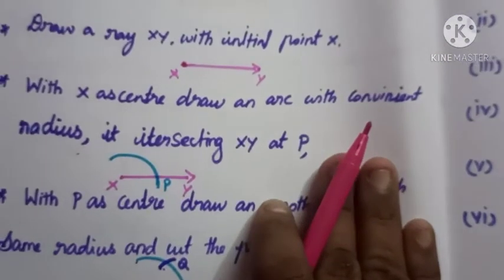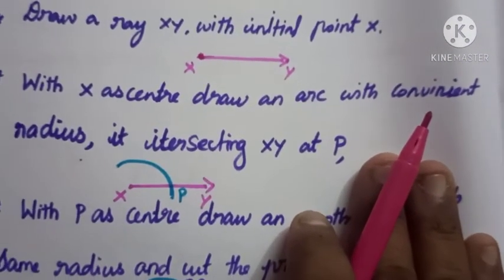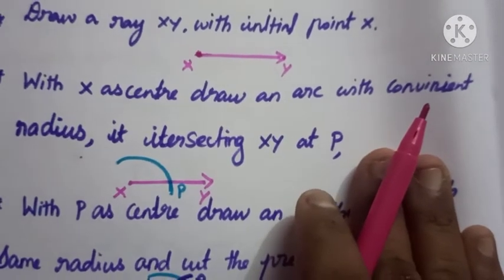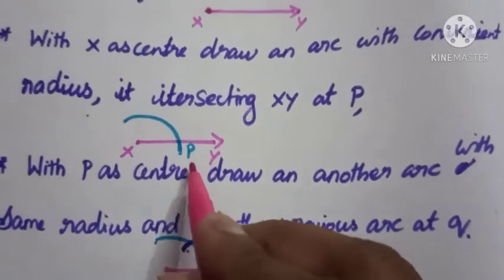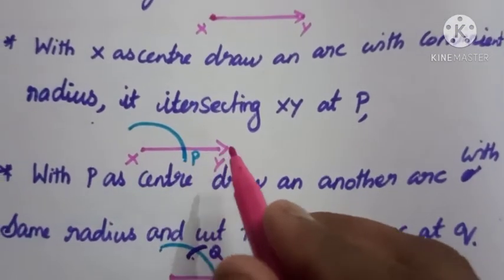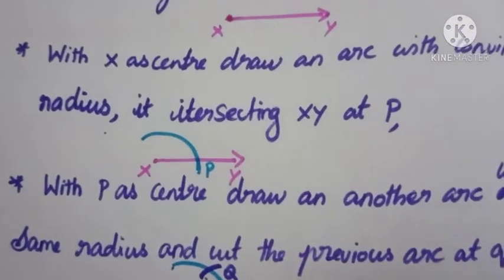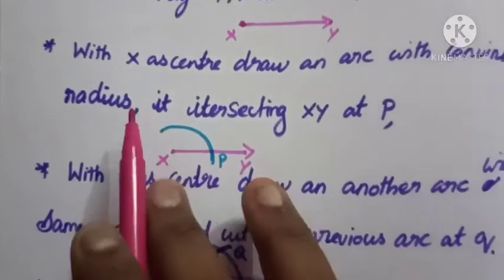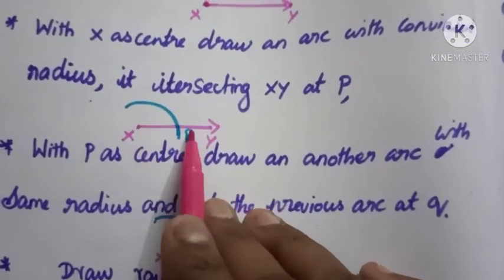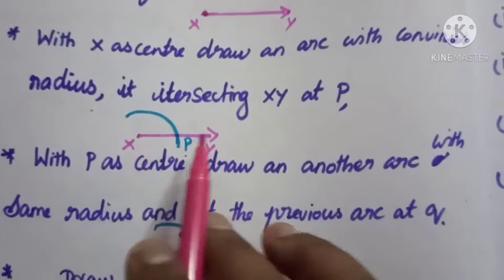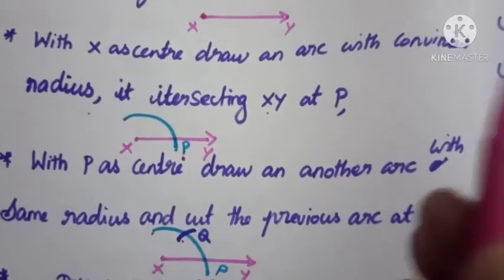Convenient radius means there is no restriction, you can take 1 centimeter or 2 centimeter, but it seems to be not more than half. Maximum half or below half is enough. Now with X as center, we need to draw an arc like this, and it cuts XY, intersecting XY at P.